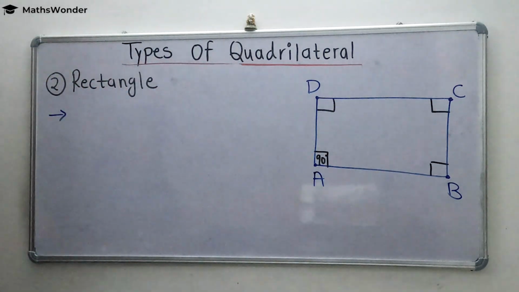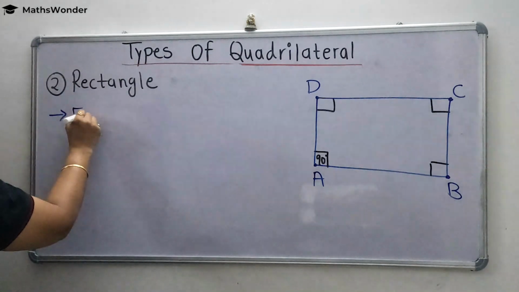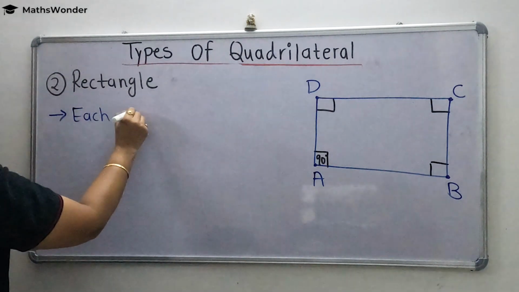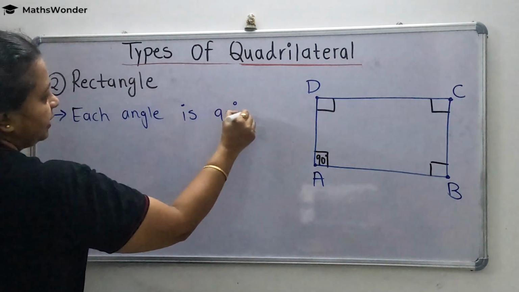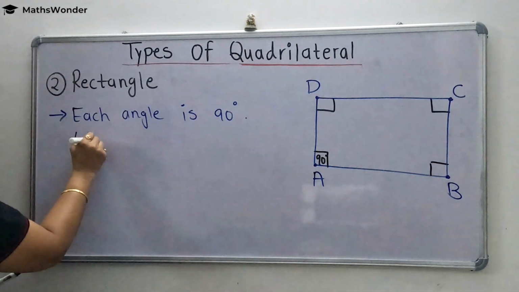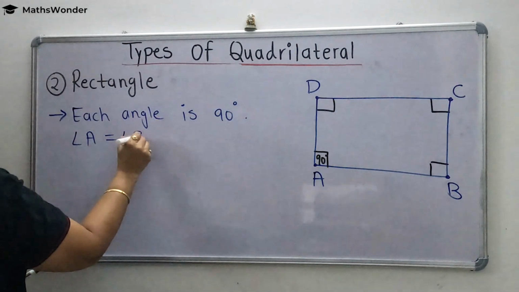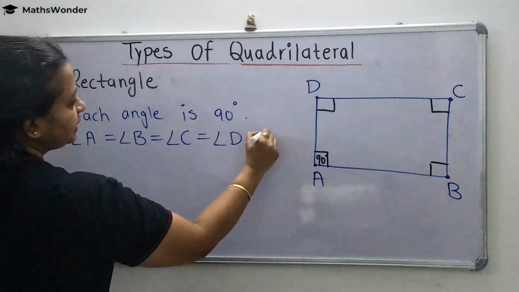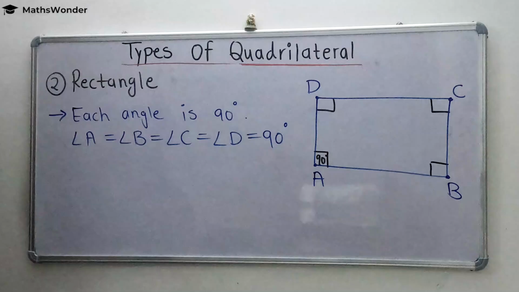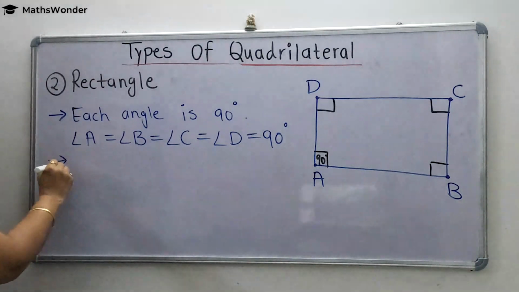So the first property is each angle is 90 degrees. Means angle A. But the sides are different. The length and width are different. We'll discuss. All are 90 degrees. So this is the first property.